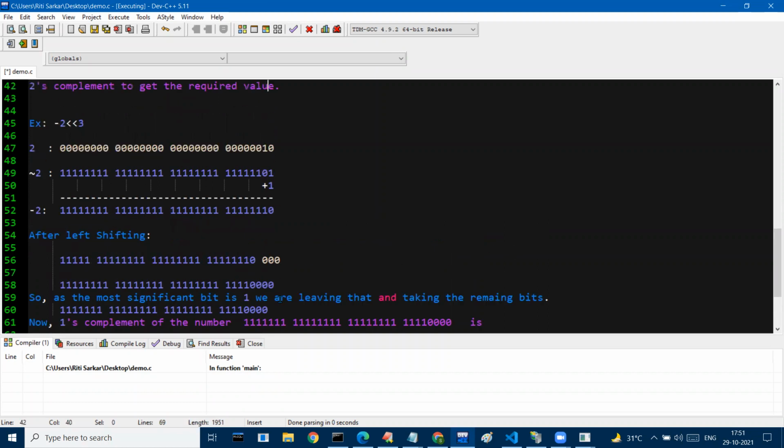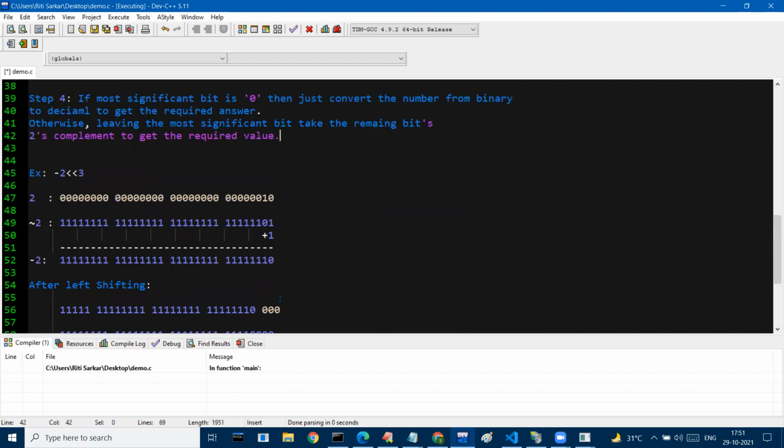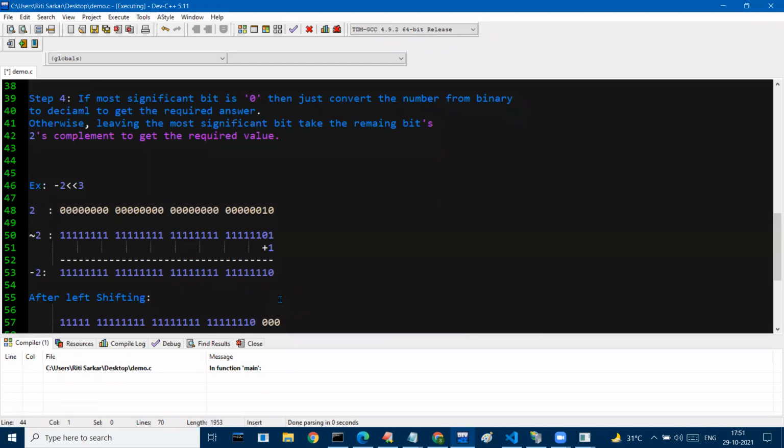But the algorithm is not completed yet. One more line is there. What is that line? Finally, add a minus sign to find the required answer.